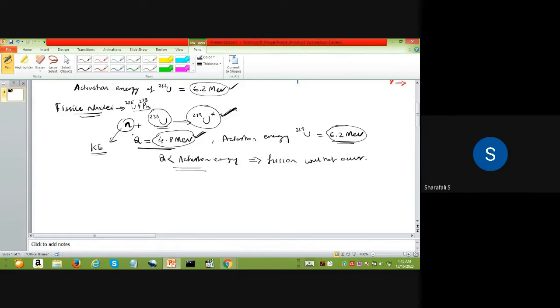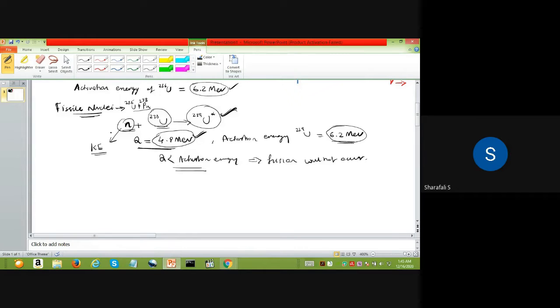In that case your neutron will have more energy. So with high energy neutrons, the Q value is more and the activation energy is overcome. Activation energy is less than the Q value, then that is also possible. We can have nuclear fission in that.